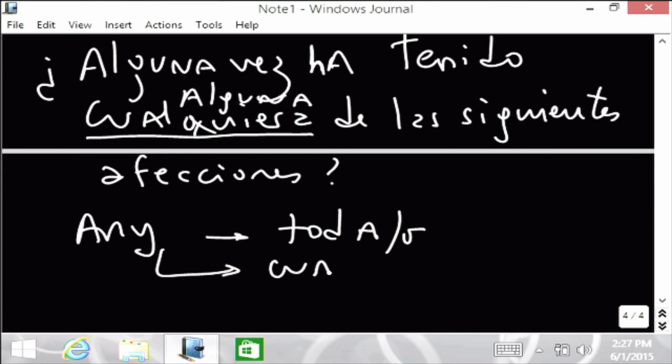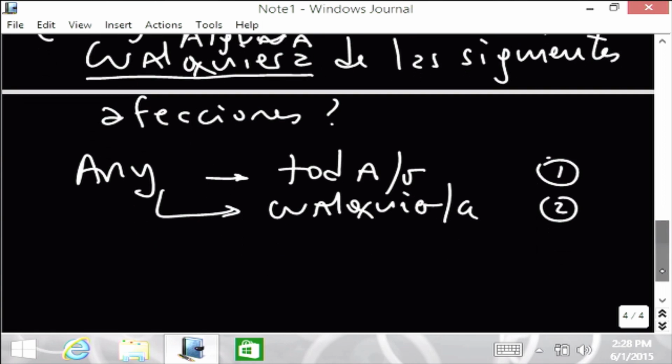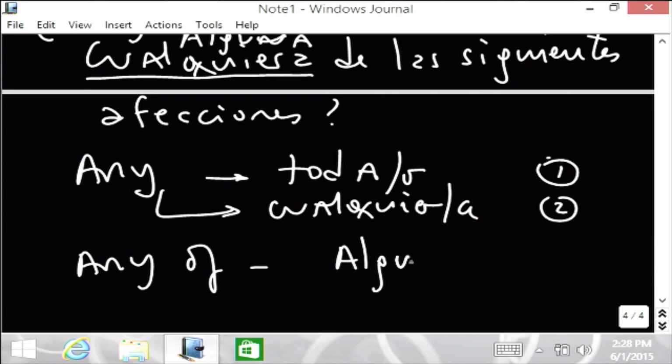It could be cualquier or cualquiera. It could be, but this is option 1, option 2. But then if you have any of, it's alguna de. And that's the best option. So now we know how that preposition is actually affecting the transfer. So we have to be very careful with that.